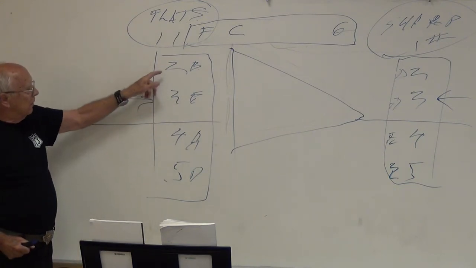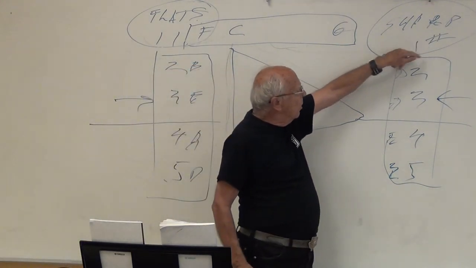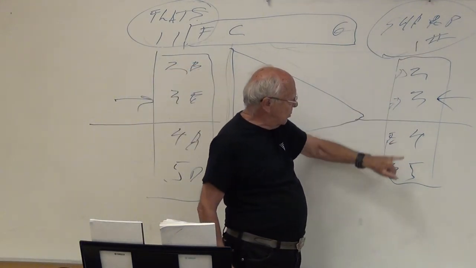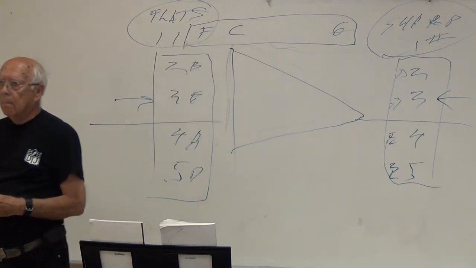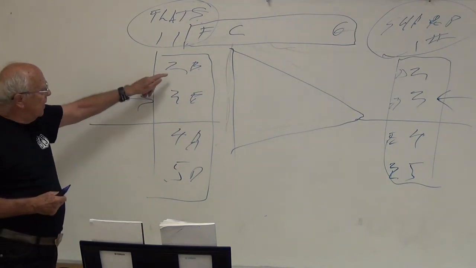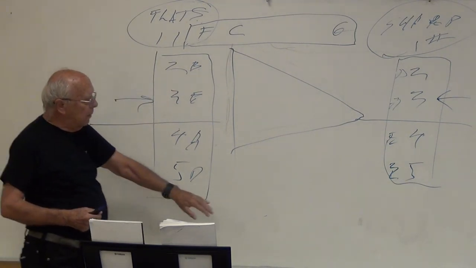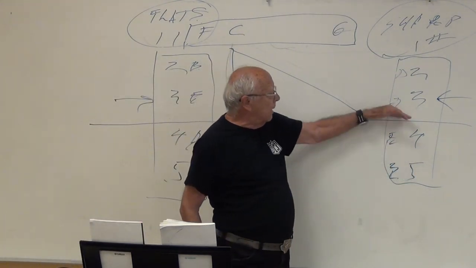Sharps, the same thing. One sharp, two sharps, three sharps, four sharps, five sharps. You just have to come with B-E-A-D here, and then keep going around like you're in a circle, and go up B-E-A-D.